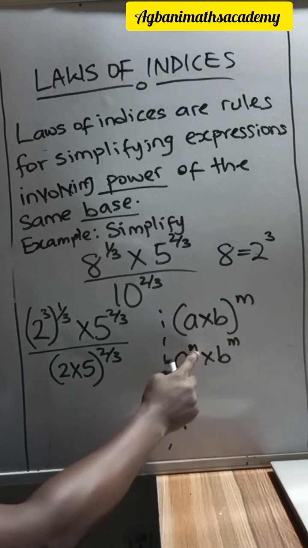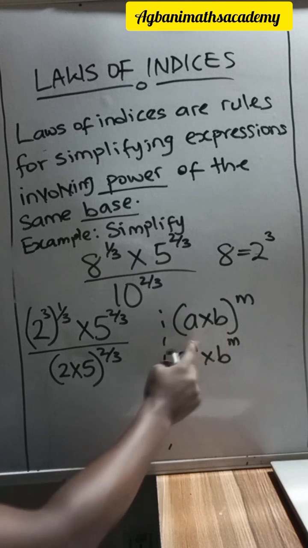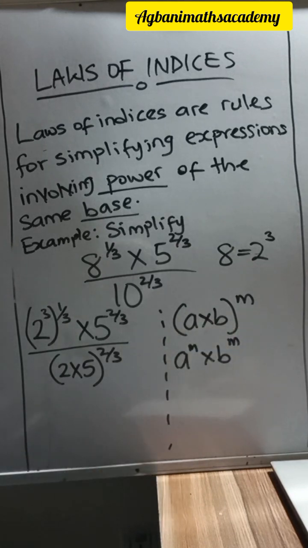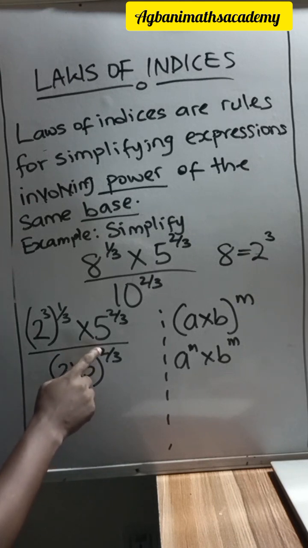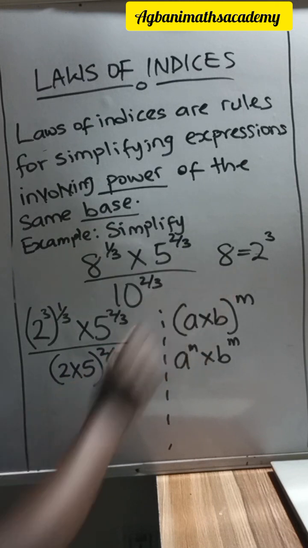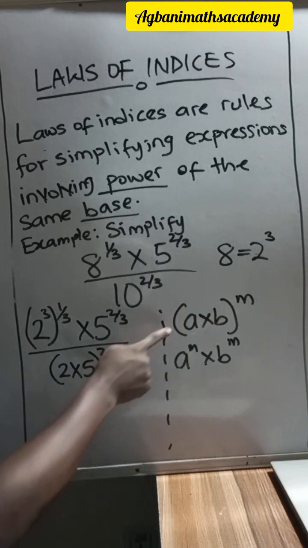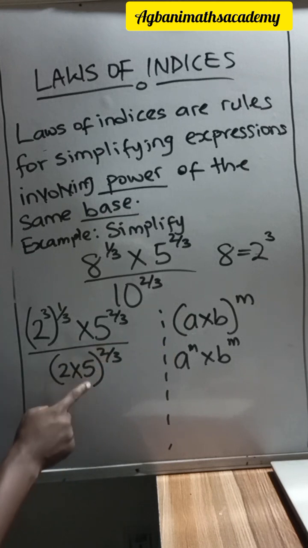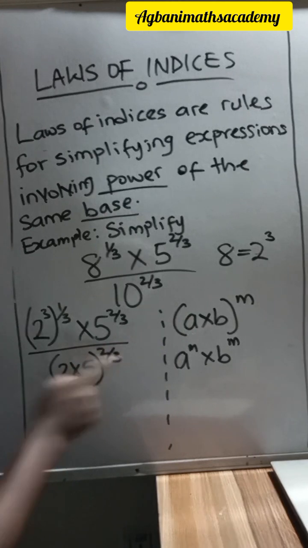So when the powers are the same, we can just bring the bases together and put the power outside. Let's look at here. We have 2 times 5 to the power of 2 over 3. It looks similar to a times b to the power of n. So what can we do? We can bring out 2 to the power of 2 over 3 and bring out 5 to the power of 2 over 3.